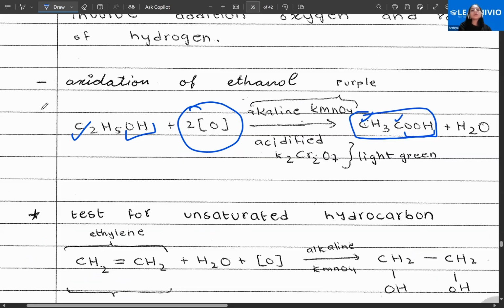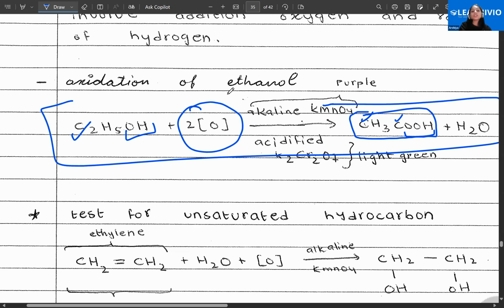So this is the whole reaction, and this is called an oxidation reaction. Why? Because addition of oxygen is happening. And hydrogen is also removed, but mainly because oxygen is adding.